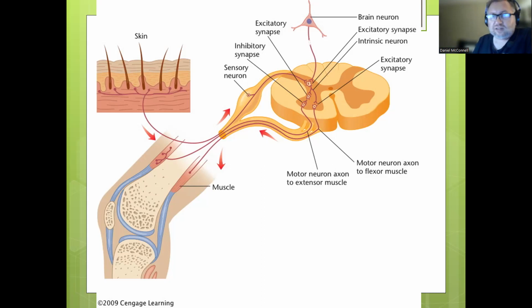In separate research, for example, shows that these kinds of reflexive movements occur even if the connection between the spine and the brain is severed, right? So you can still see a reflex even in the absence of having any interaction with the brain. But this intrinsic neuron in the spine is simultaneously sending, as you can sort of see here, if you follow the lines there, an excitatory EPSP signal to the flexor muscle, or I should say the motor neuron that activates the flexor muscle.